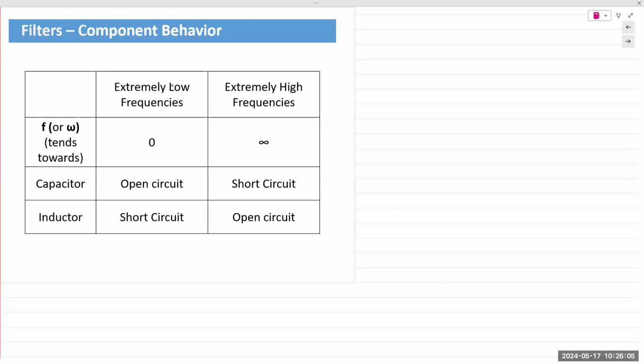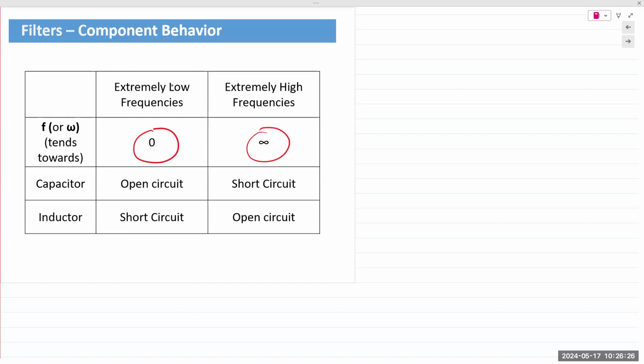All we are going to do in this quick analysis is see whether we have V out or not, depending on the value of the frequency. So the two values are when F tends towards 0 and when the input frequencies tend towards infinity.